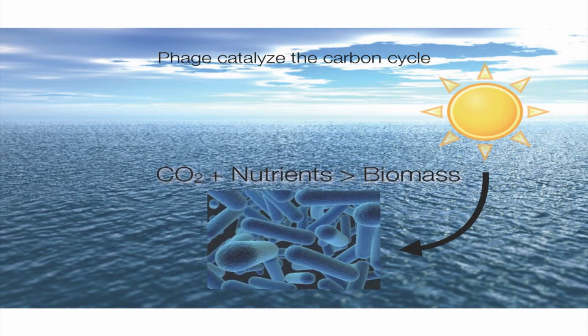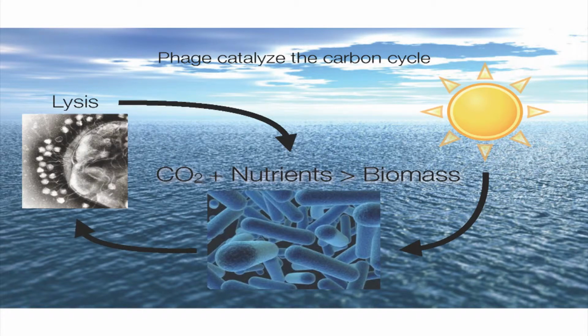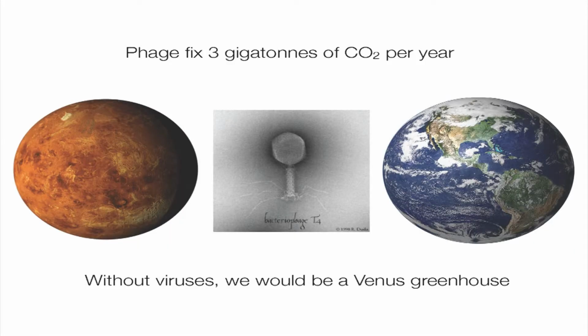So the CO2 in the atmosphere, one of the major ways that it's reduced is that these cyanobacteria, these photosynthetic bacteria, take the energy from the sun and grow. And they use CO2 to grow, and they also use nutrients. And as they bloom in these giant bacterial blooms, they deplete all the nutrients from the ocean, and so they would stop, except that there are these billions of bacteriophage viruses breaking those cells open again, releasing nutrients back into the cycle, and allowing the growth of the cyanobacteria to continue, sucking more and more CO2 out of the atmosphere.